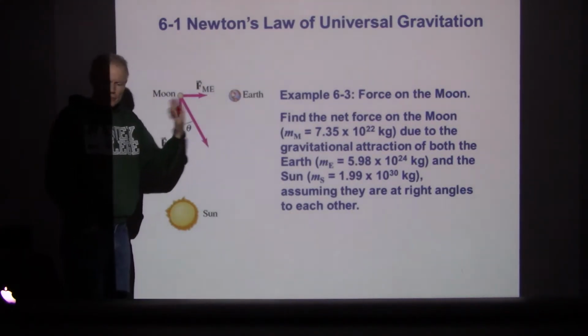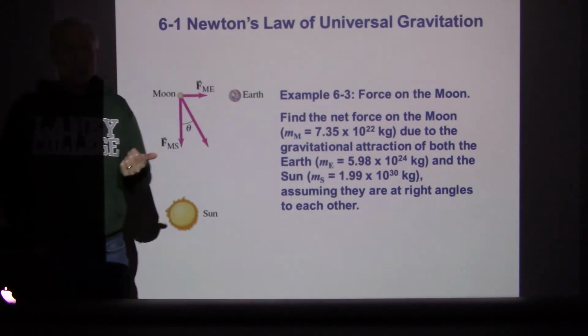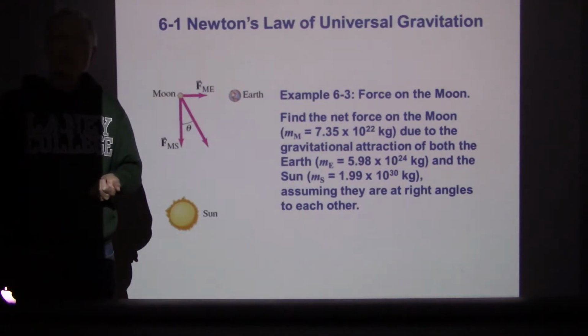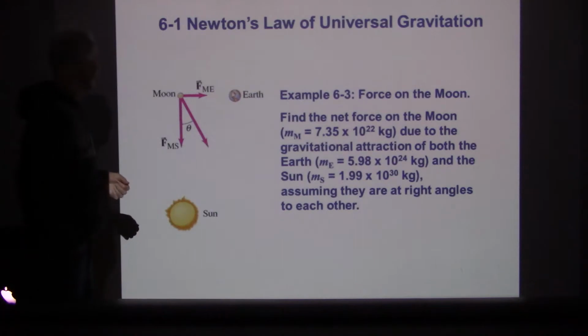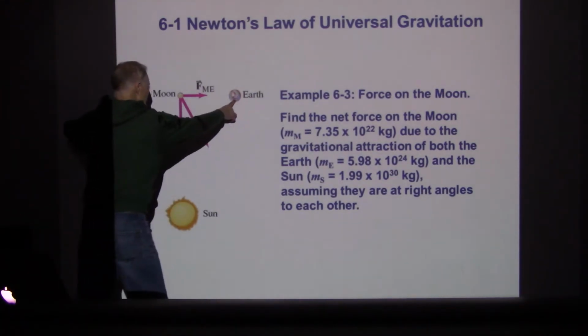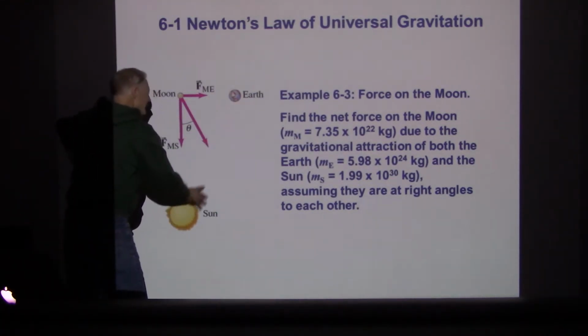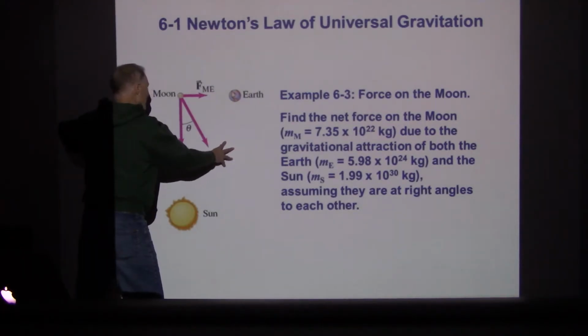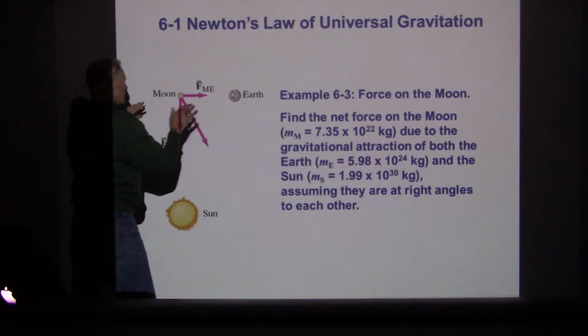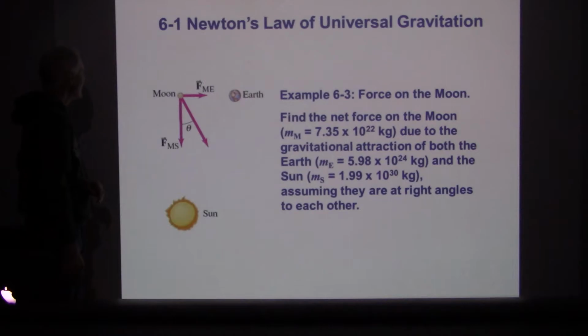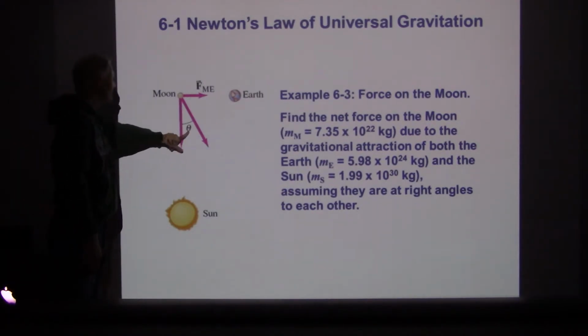Now, if we were to draw this to scale, it turns out that the distance of the sun from Earth is 400 times as large as the distance to the moon. So that would say that this distance they have drawn here is 400 times bigger than this distance. So clearly it's not to scale. And so let's take a look and see how the two forces compare.